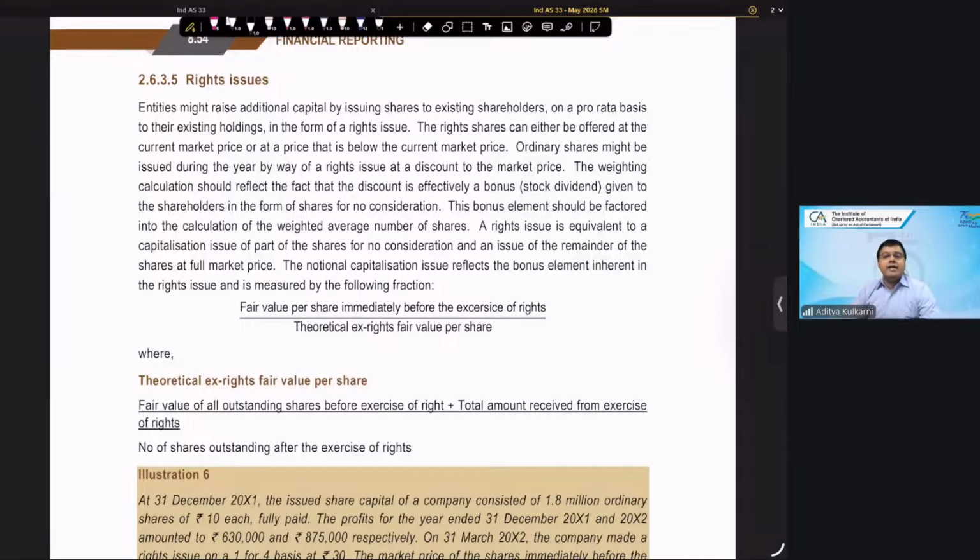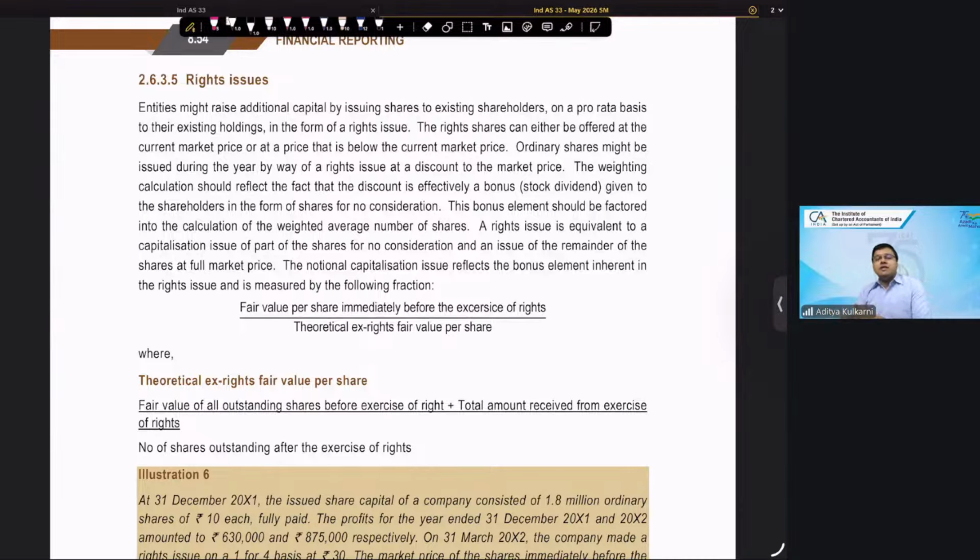And that is why, similar to what we calculate as a bonus adjustment factor, we calculate something known as a rights adjustment factor. That rights adjustment factor, we will multiply it for all the shares in issue prior to the date of the rights, so that you arrive at the fair value weighted average number of equity shares.